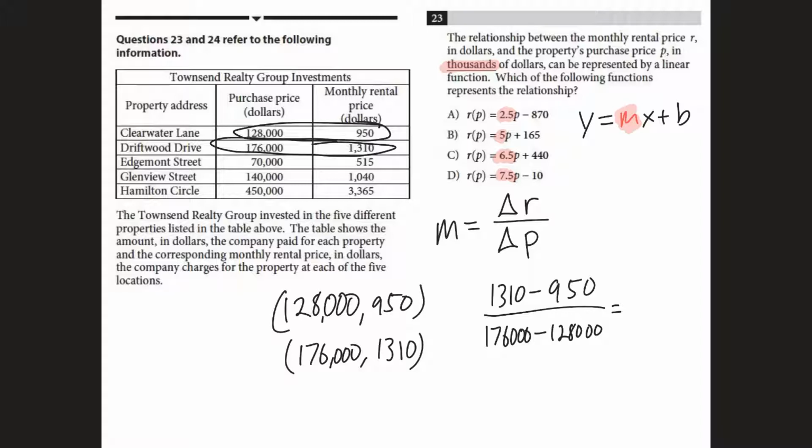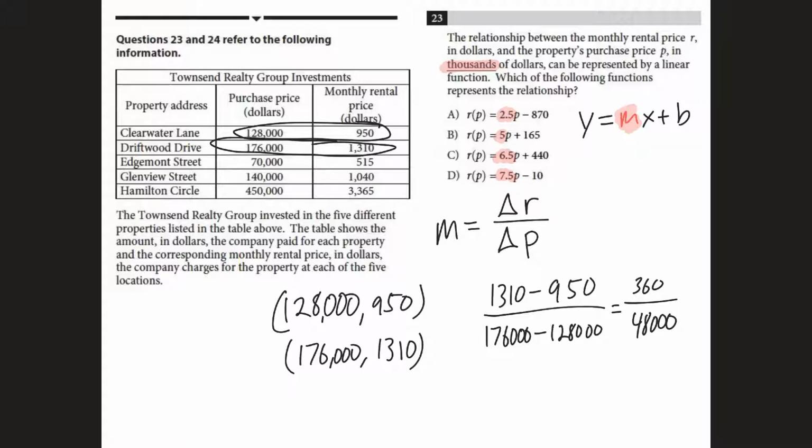I'm going to see that 1310 minus 950 equals 360, and 176,000 minus 128,000 is 48,000.